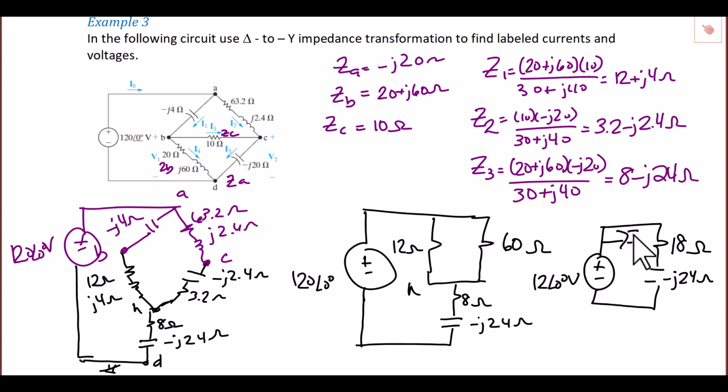With this simplified circuit, we can now find I naught. I naught is equal to 120 divided by 18 minus J24, which is 4 with an angle of 53 degrees.